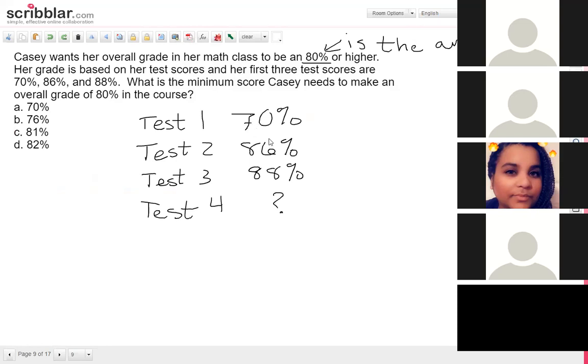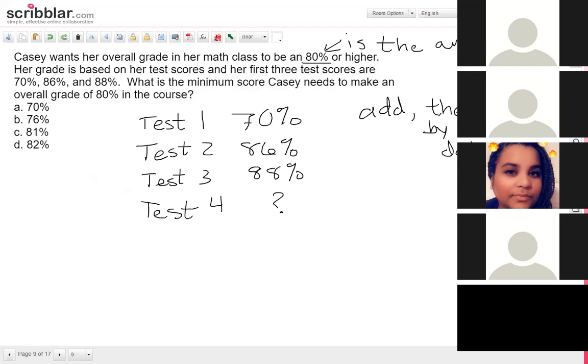So normally when we do the average, we add, then we divide by the number of numbers we're working with. We're going to have to do that whole process backwards.